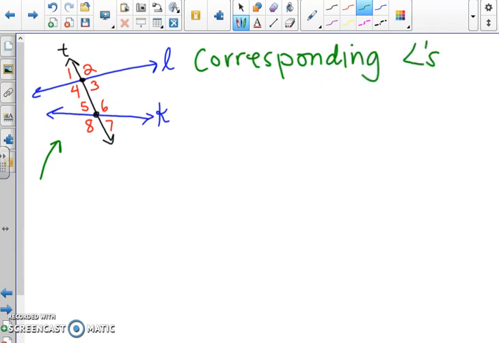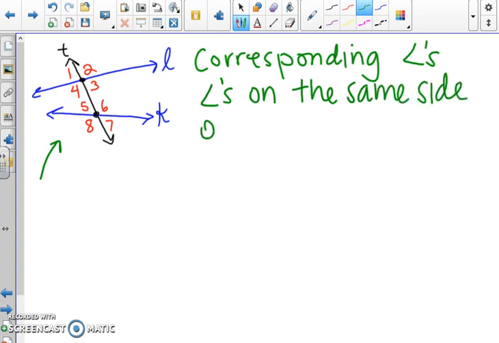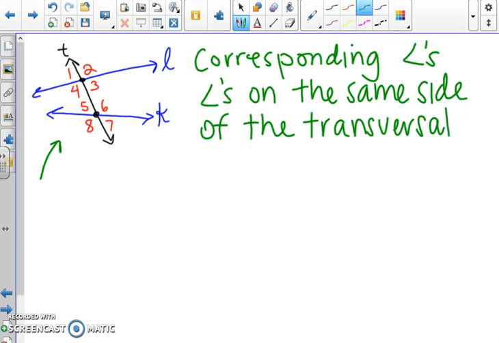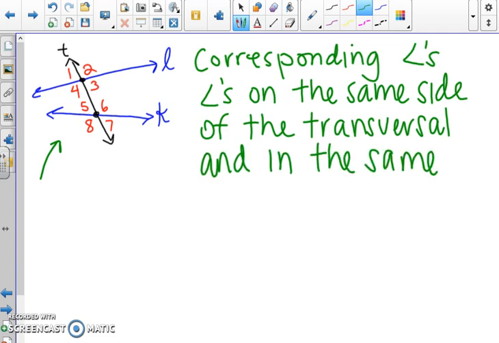Corresponding angles are angles on the same side of the transversal and in the same position. Well, what in the world does that mean? Well, they're on the same side.